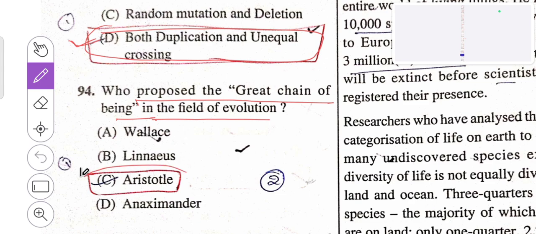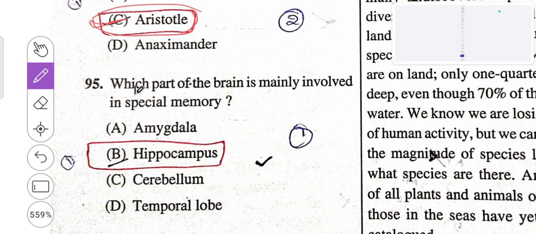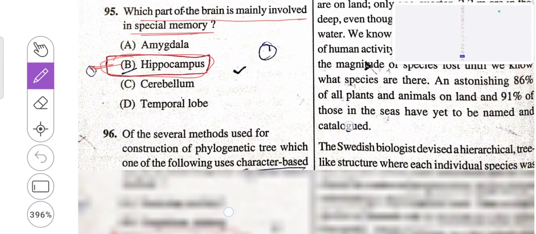This was proposed by the father of zoology and biology, that is Aristotle. Then 95th question. Which brain part is mainly involved in spatial memory? That is the hippocampus.